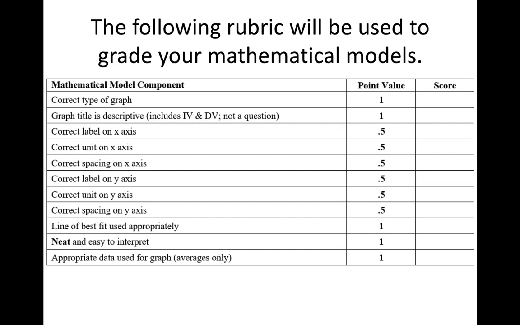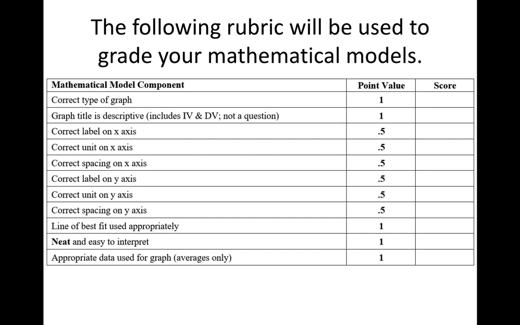The correct spacing on the x-axis is worth 0.5, meaning you want to fill up as much of the axes as possible. Each line represents a value. You're not just putting your numbers scattered across. That's not appropriate. Same values on the y-axis, so the label, unit, and spacing are worth 1.5 points overall.